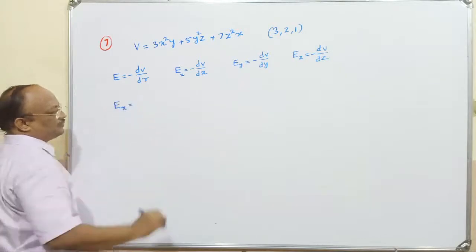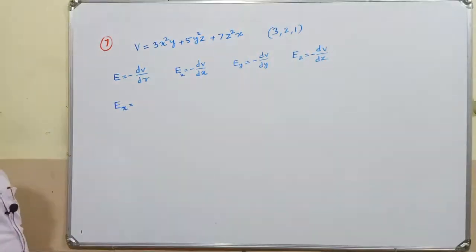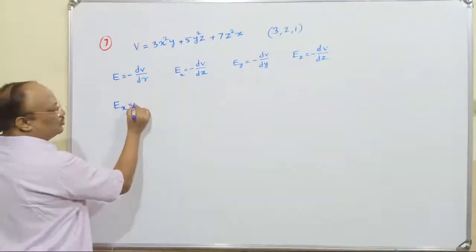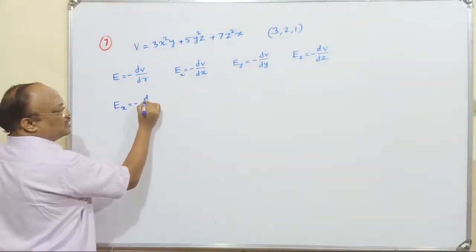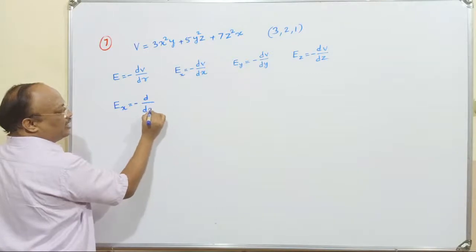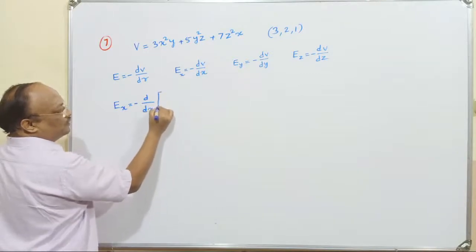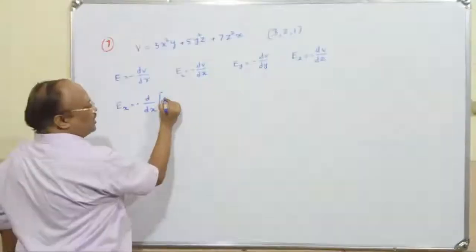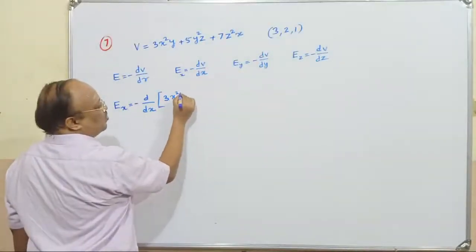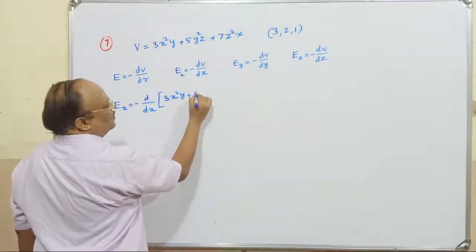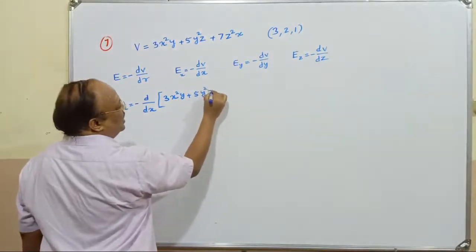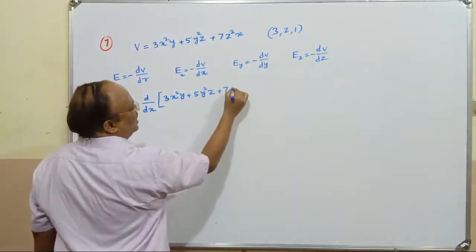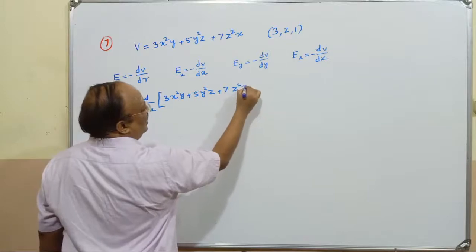Ex is equal to minus d by dx of V. What is our V? V is 3x square y plus 5y square z plus 7z square x.